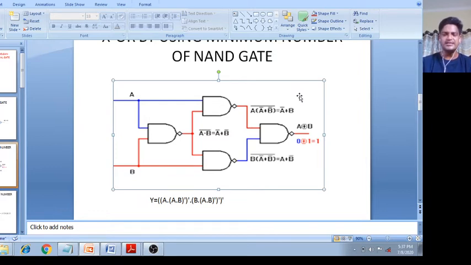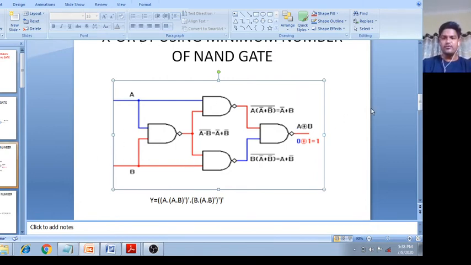So in this case you require only 4 NAND gates, means only one IC is sufficient to implement your XOR gate. Suppose the cost of one NAND gate IC is 20 rupees, and in this case you require only 20 rupees to invest, and in the earlier case you required 40 rupees because 2 ICs are required.